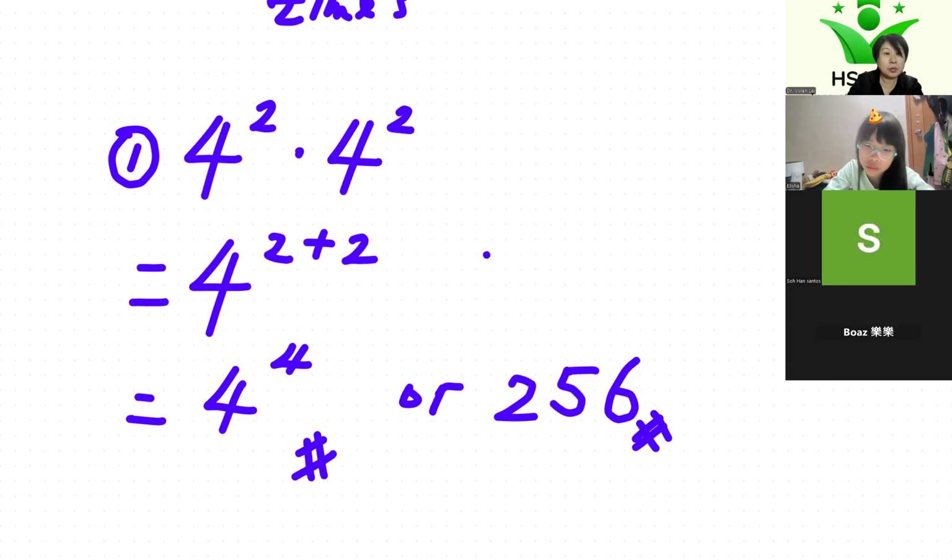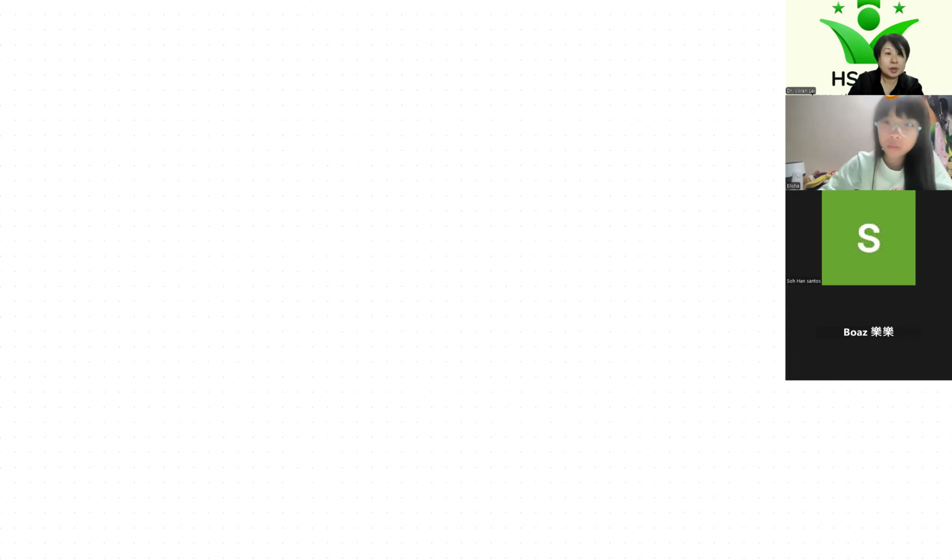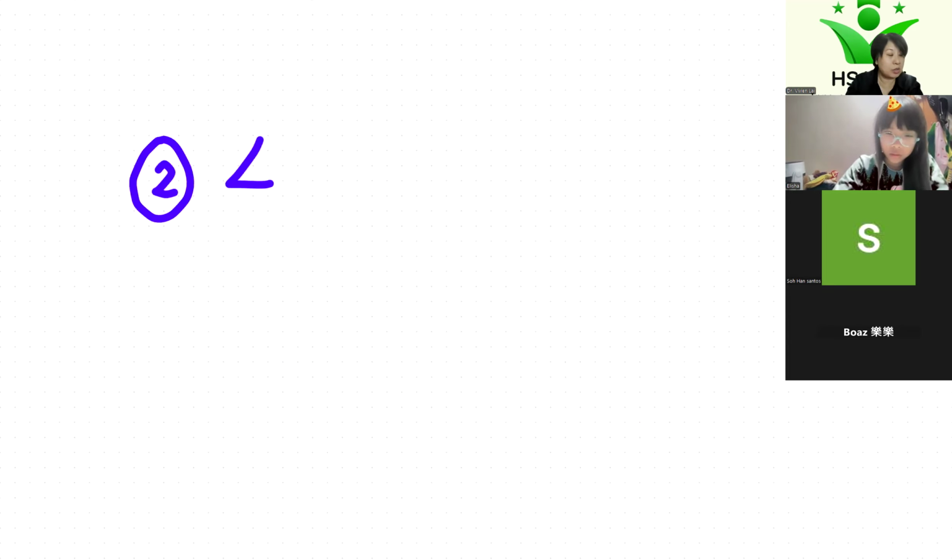Question number 2. I have it, but okay. The calculator is important, so you need to keep it beside you. All right. So 4 times 4 to the second power. What does it mean by 4?